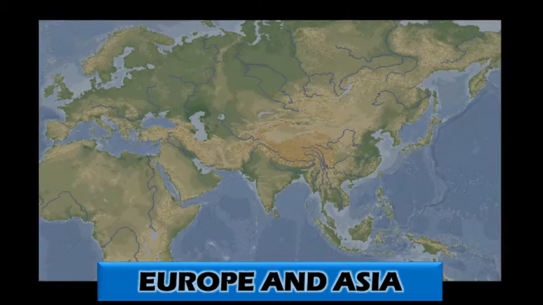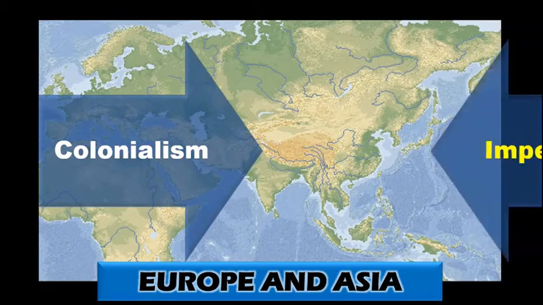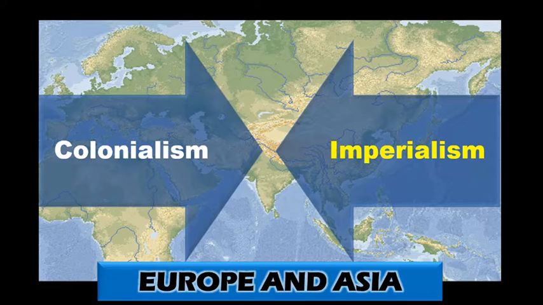Kaya nagkaroon ng pagkakataon itong mga Europeans na palawigin pa yung mga patakarang kolonyal nila. Dito napapasok yung konsepto ng imperialismo. So, the first wave of imperialism, or if not colonialism, happened at the height of the 16th and 17th century.